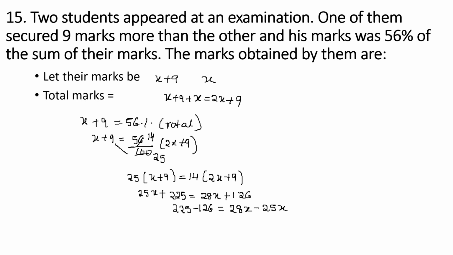So 225 minus 126 is 99, equal to 3x, or x is equal to 99 divided by 3, which is equal to 33. So the marks of the second student are 33, and the marks of the other student, who got 9 marks more, is x plus 9. His mark is 33 plus 9, so that is equal to 42.